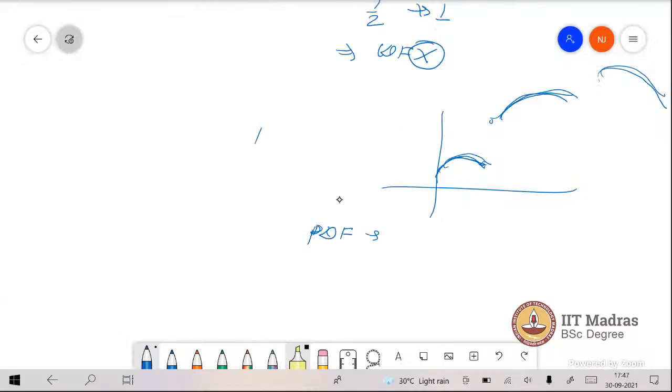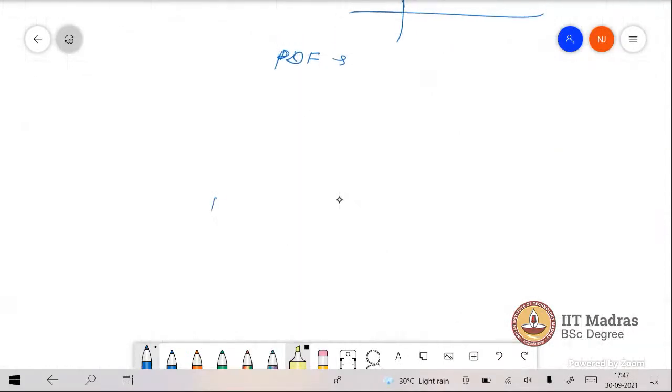So in general, a function f is called a density function if it takes non-negative values, and the second property is that the area under the curve, that is the integral of f of x dx, is always one.